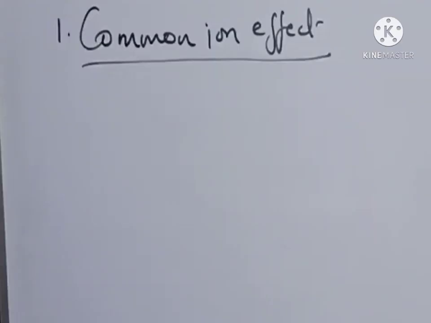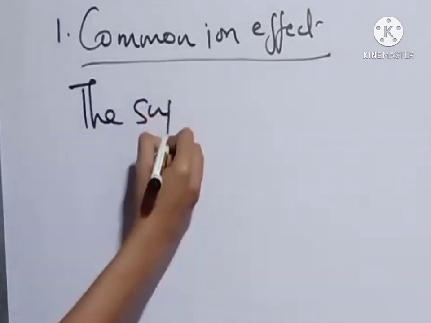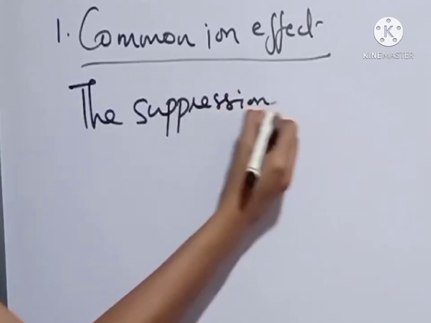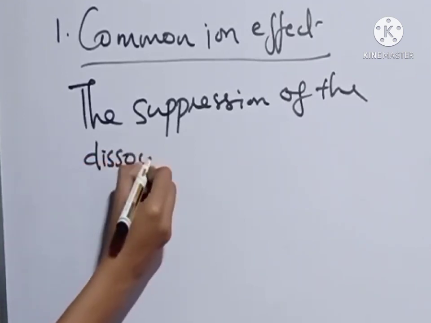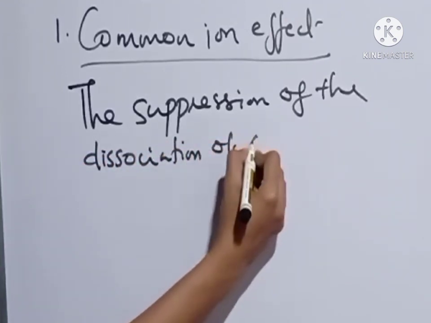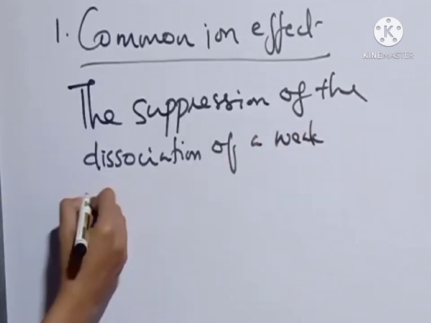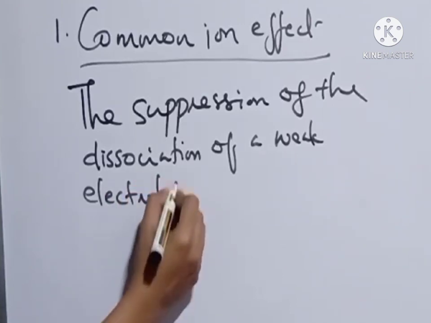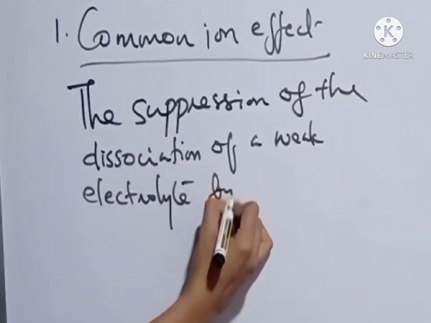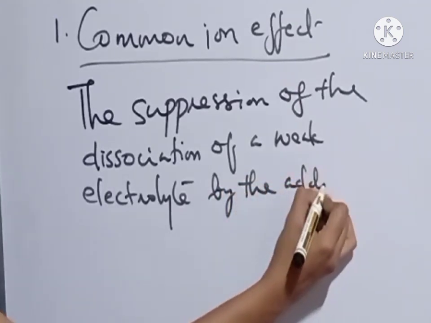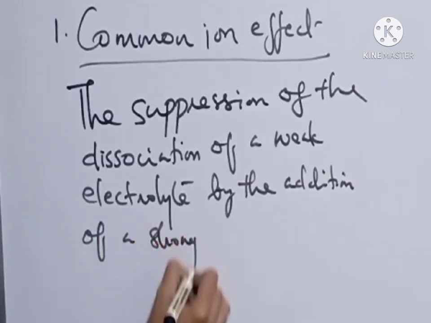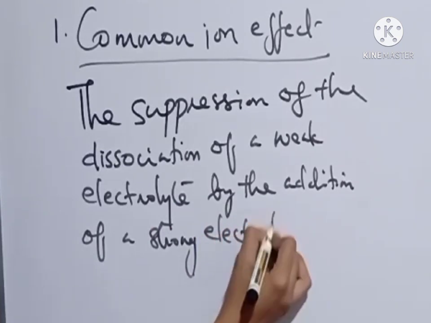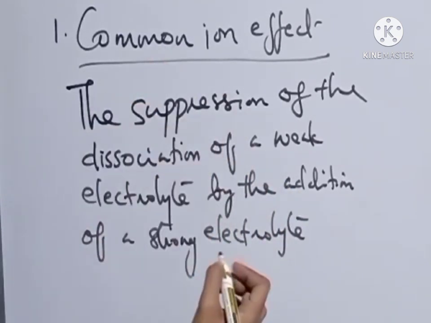So, we can define common ion effect as the suppression of the dissociation of a weak electrolyte by the addition of a strong electrolyte containing a common ion.